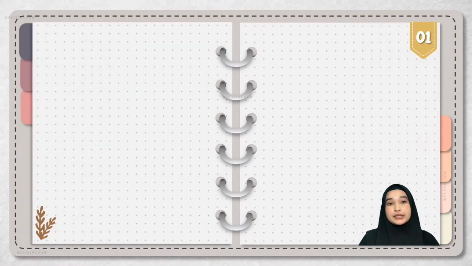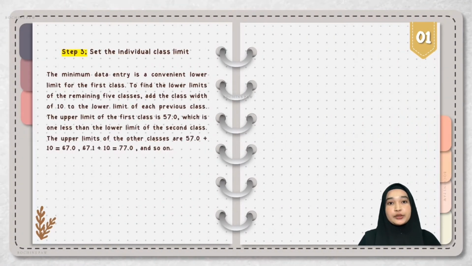Okay, in step 3, we need to set the individual class limits. That means the minimum data entry is the lower limit for the first class. So find the lower limit of the remaining 5 classes by adding the class width of 10 to the lower limit of each previous class.